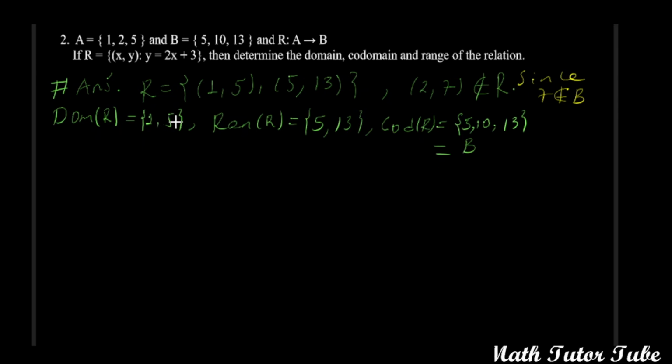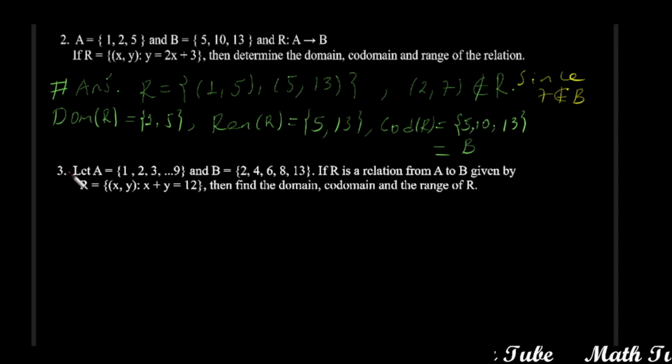So the domain is 1, 5, the first entries; the range is the second entries, 5 and 13. The codomain is all possible outputs, simply the set B, or 5, 10, 13.